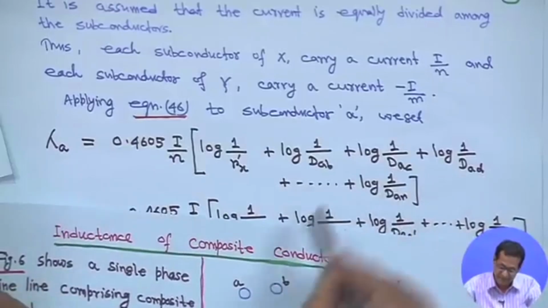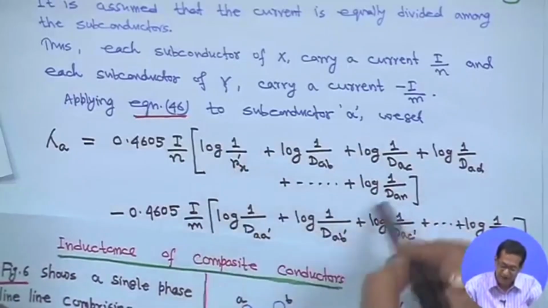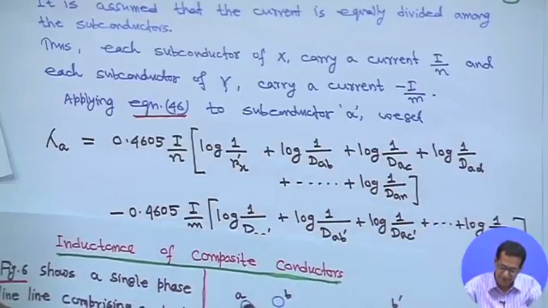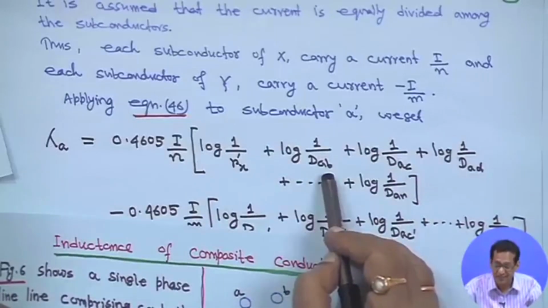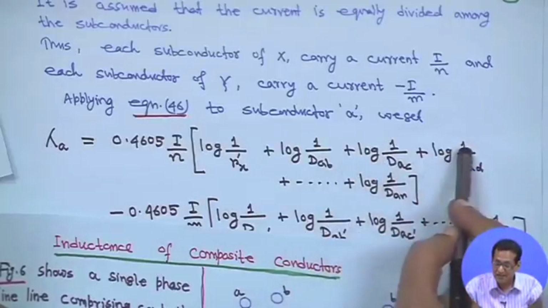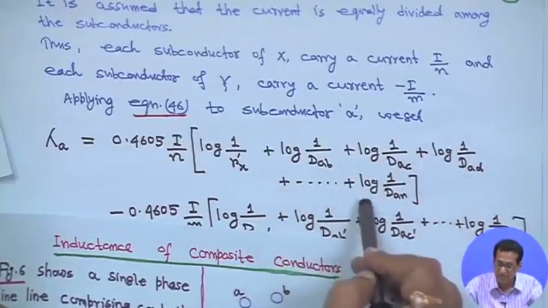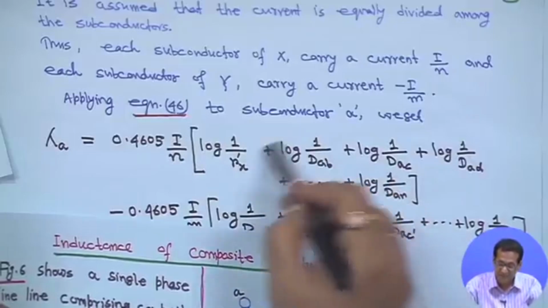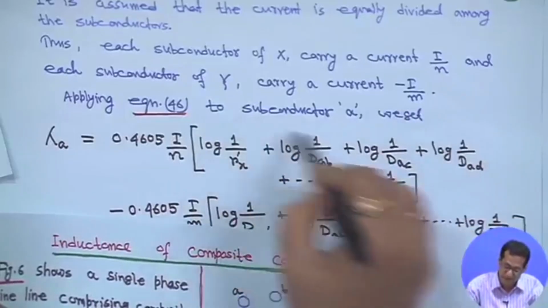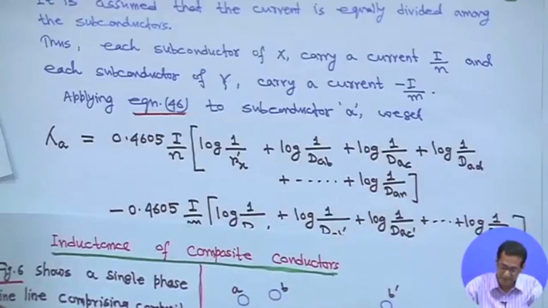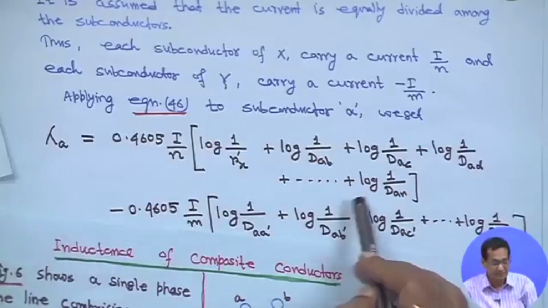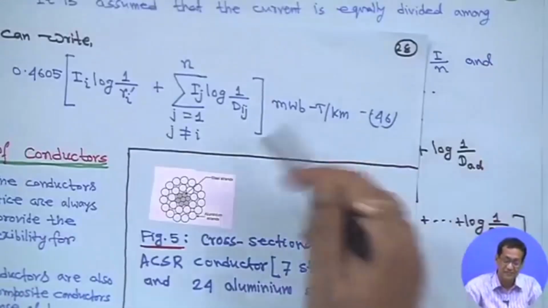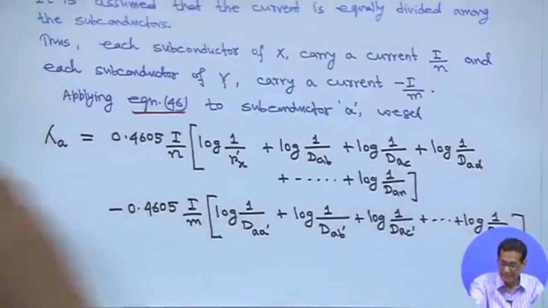The first term is all the distances from subconductor a to all other conductors in this group: a to b, a to c, a to d, up to a to n, using this formula.